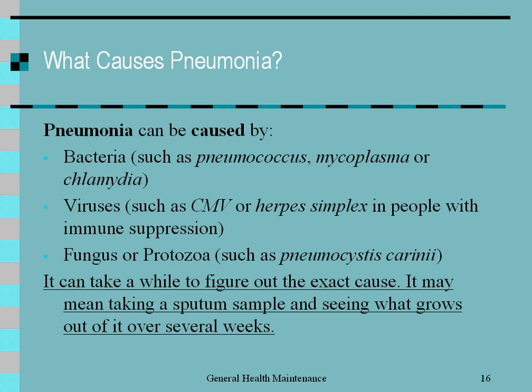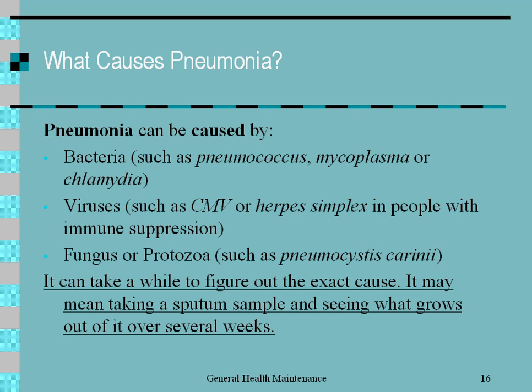So if they look at the sputum sample and they see bacteria start to reproduce, then we know that it's a bacterial pneumonia. It's when we see fungus, we see little pneumocystis reproduce in that sputum sample, that we can tell that it's a pneumocystic, a fungal pneumonia.